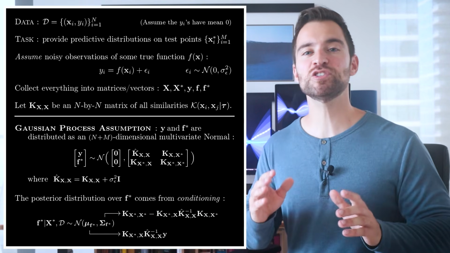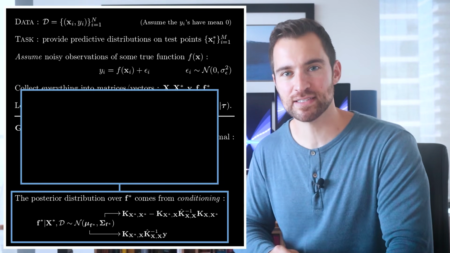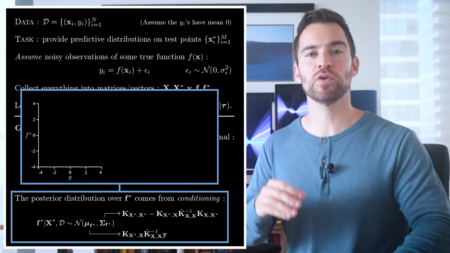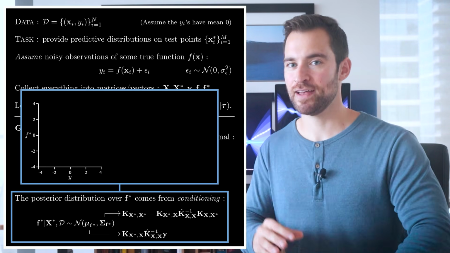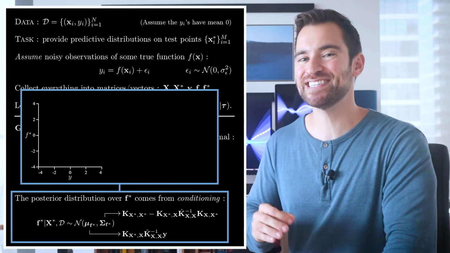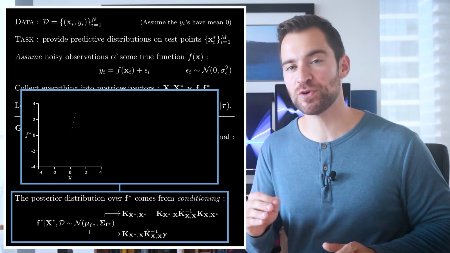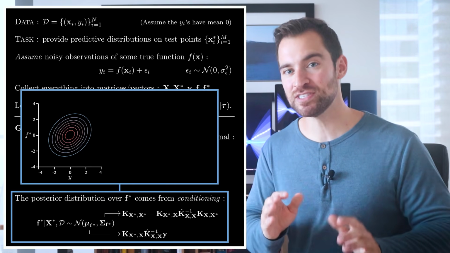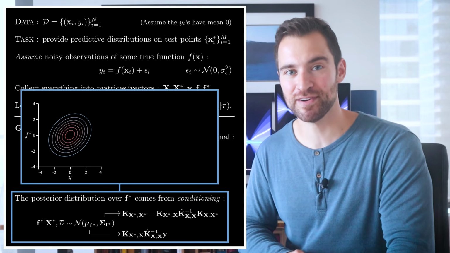To feel what's happening, let's explore conditioning in a ridiculously simple case. The case where we have one observation and one test point, which we'll plot along the horizontal and vertical axes. Now, our GP assumption says that these two will be governed by a mean zero multivariate normal. The shape of this distribution is governed by the inputs and the kernel, which I'm not showing here.